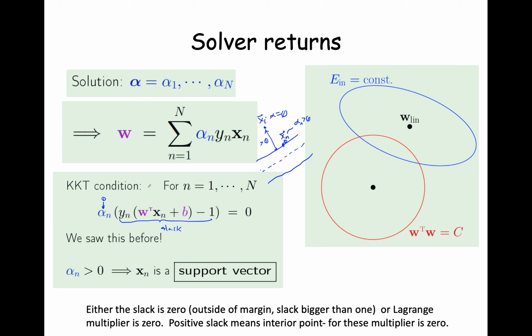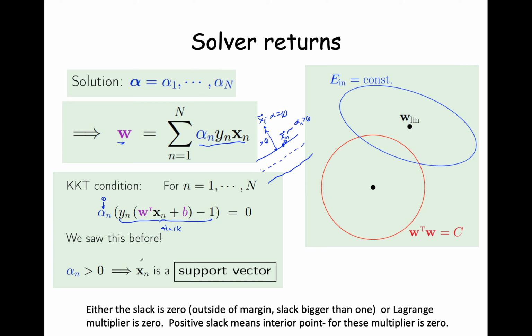It means that points that are not on the margin don't really have any bearing in the definition of our weight vector W. That's very interesting. So this KKT condition means that alpha n being bigger than 0 corresponds to a vector xn that supports the margin. It's on the margin.